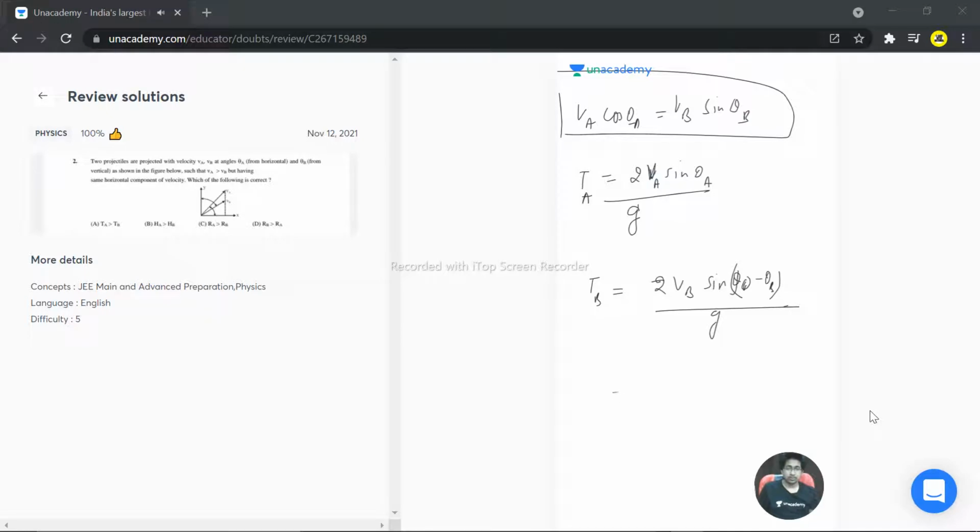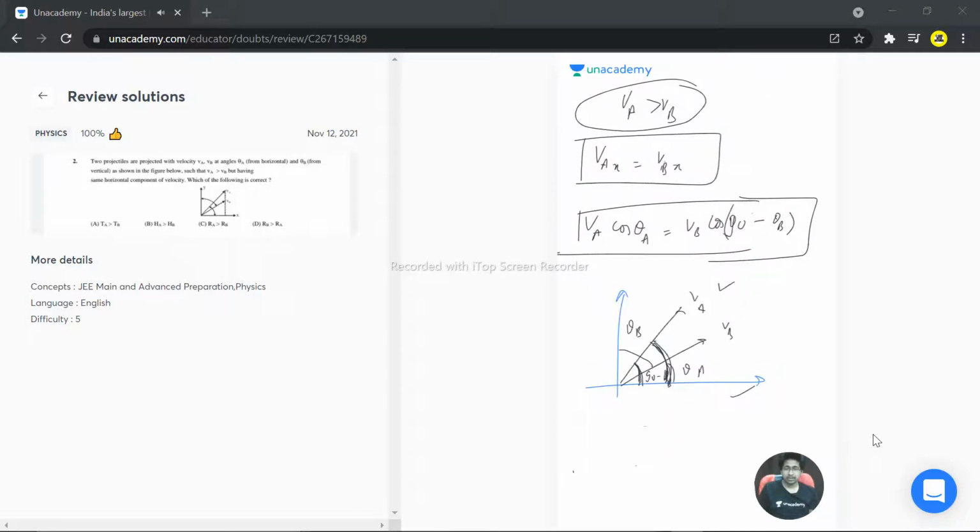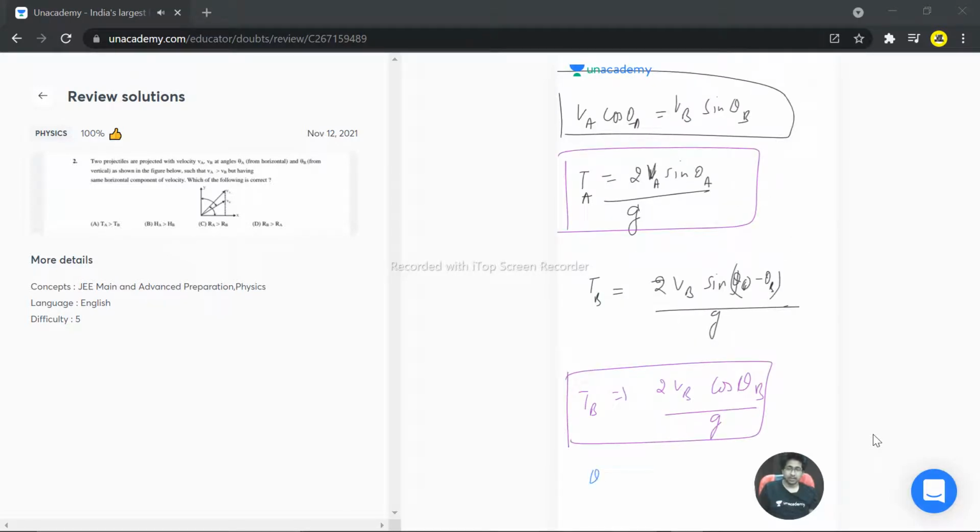So TB is 2 VB cos theta B divided by g. So what is the relationship between these two? One thing is clear, that theta A is greater than 90 minus theta B.